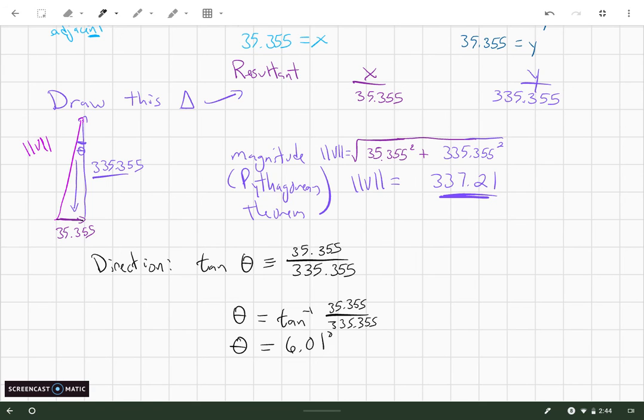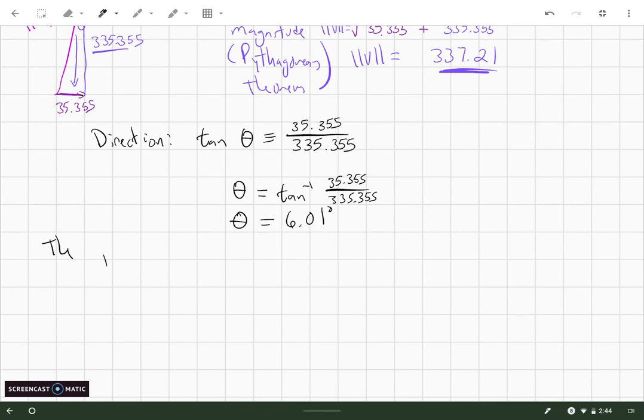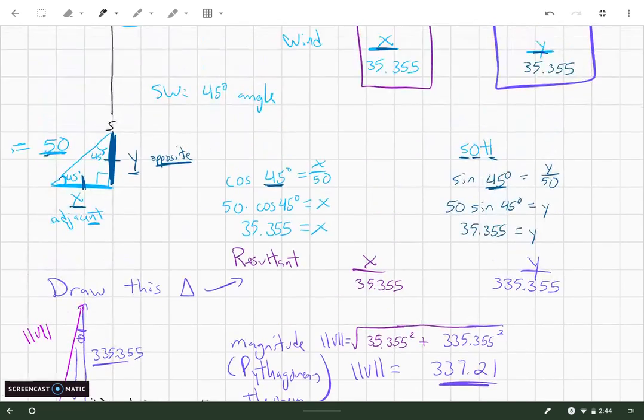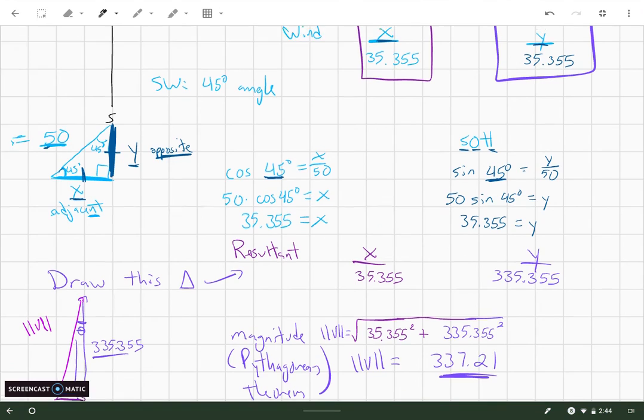Okay, so what does this all mean? Let's put it all together. We can say the plane is flying 337.21 miles per hour. And we knew it was flying north, right? And the wind was going northeast.